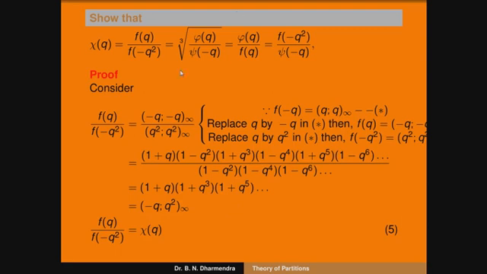Similarly, the next one is the cube root of phi of q divided by xi of minus q.